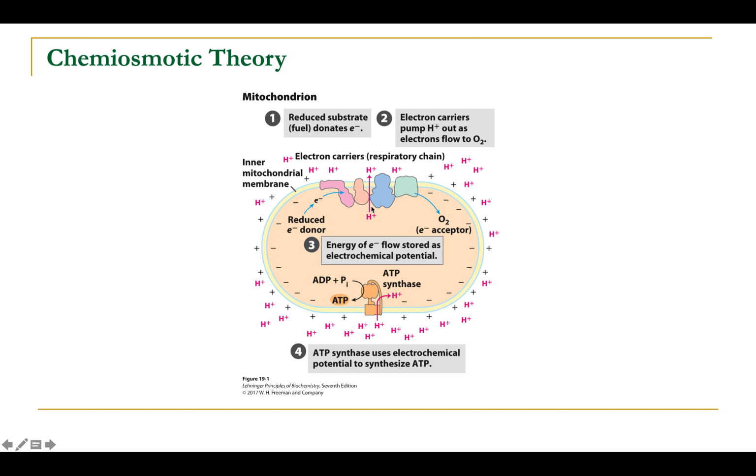So central to oxidative phosphorylation is the production of the electrochemical gradient and the coupling of the electrochemical gradient to ATP synthesis, and therefore the theory that describes the inner workings of oxidative phosphorylation is referred to as chemiosmotic theory.